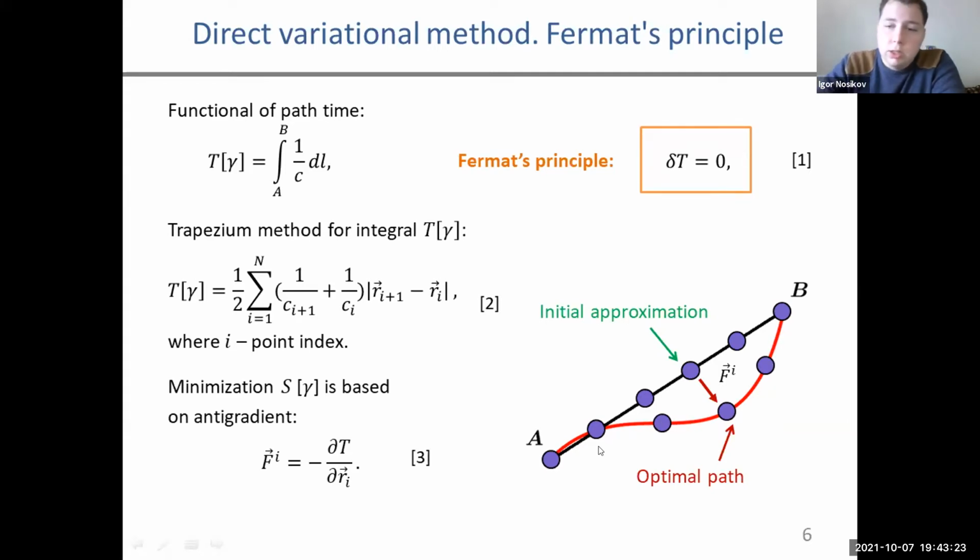So we construct an iterative procedure in order to find all stationary points of the functional travel time. Then we rewrite the functional travel time by the trapezoidal rule and minimize it, using the anti-gradient, the negative gradient of the functional.